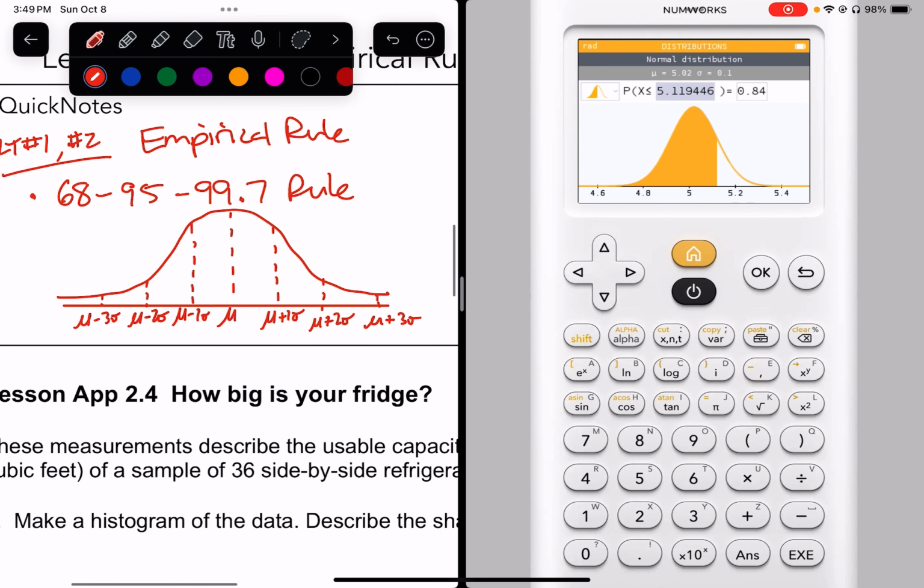And so what that rule says is within 1 standard deviation on either side is about 68% of our data. Between 2 standard deviations of the mean is 95% of our data.